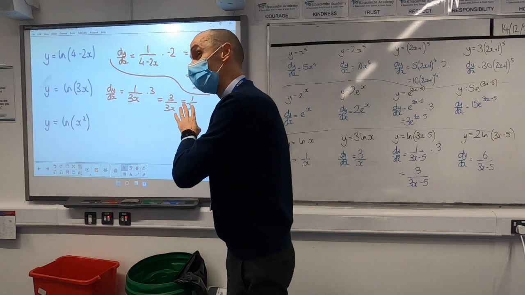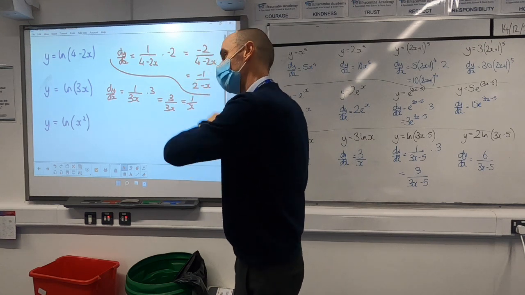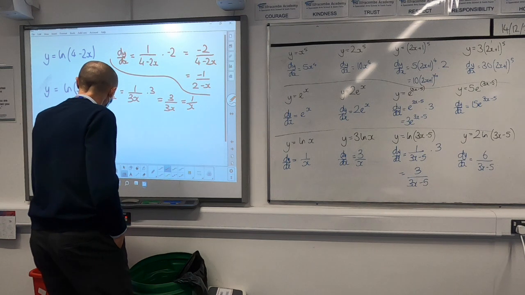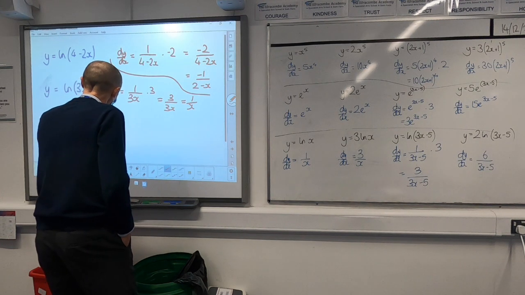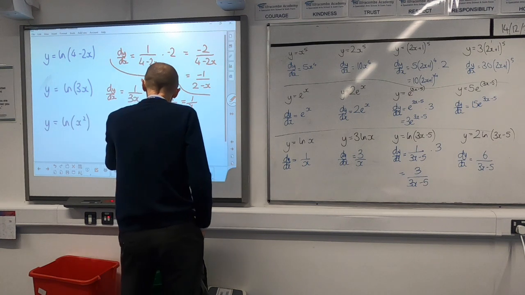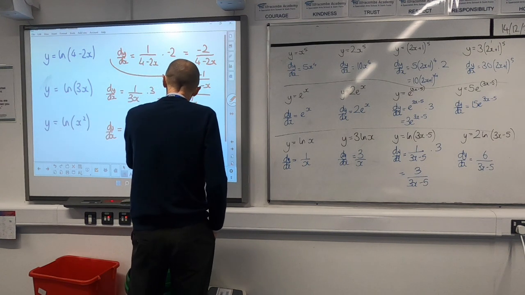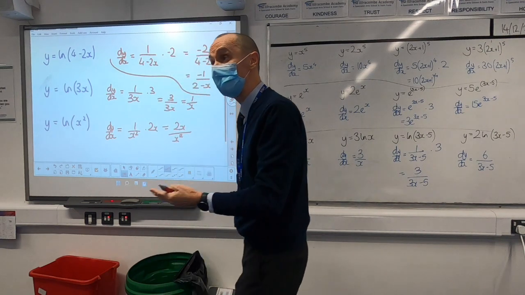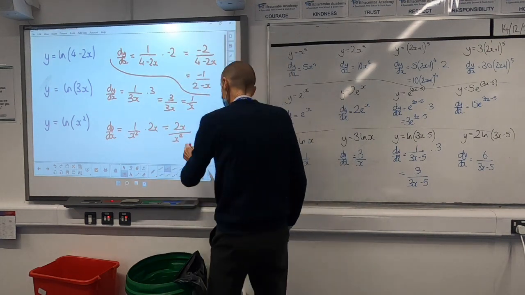But it does cause us a problem when we integrate, because obviously integrating is going the other way. Ln of x squared, so you get 1 over x squared multiplied by what you get when you differentiate x squared, which is 2x, so that gives you, surprise, surprise, a bit of cancelling again there.